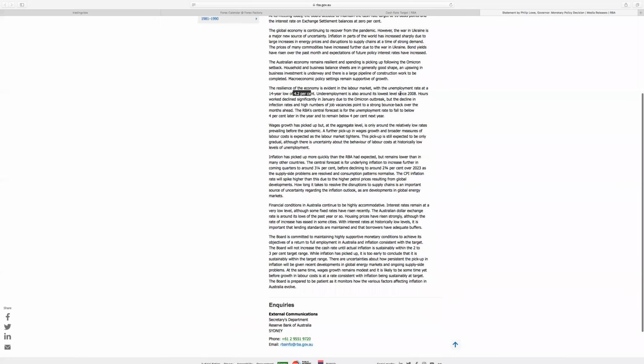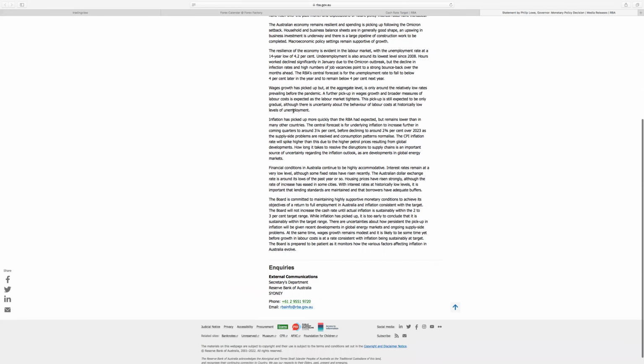Underemployment is also around its lowest, and hours worked declined significantly in January due to the Omicron outbreak, but the decline in infection rates and high numbers of job vacancies point to a strong bounce back over the months ahead. The RBA central forecast is that the unemployment rate will fall to below 4% later in the year, and remain below 4% next year. Okay, wage growth was okay. I think this is one of the key things that they'll be looking at.